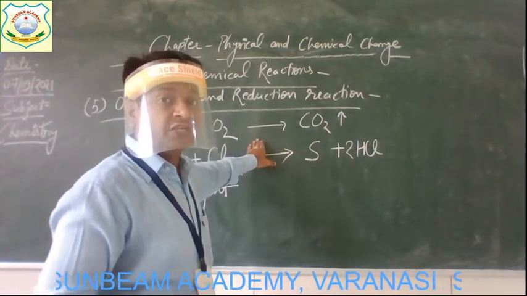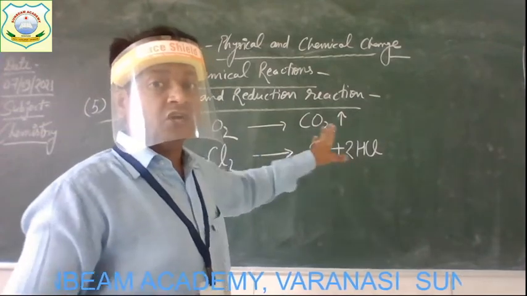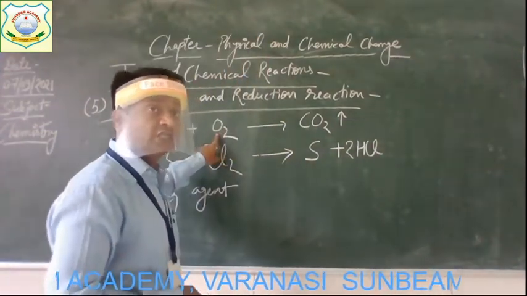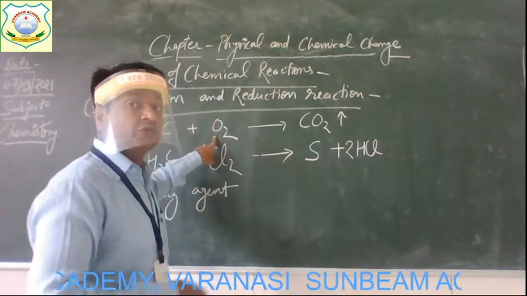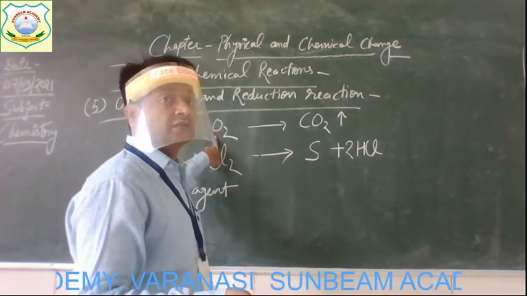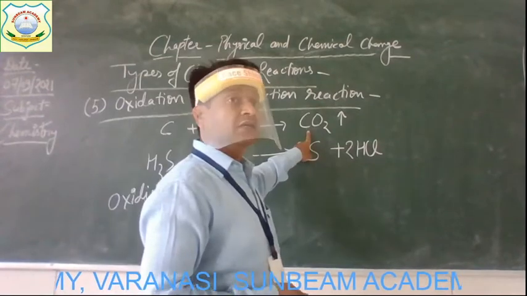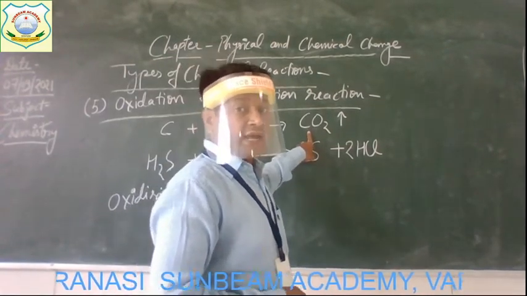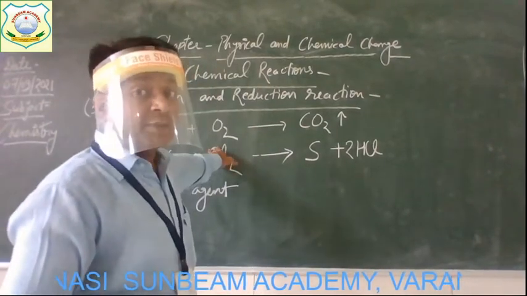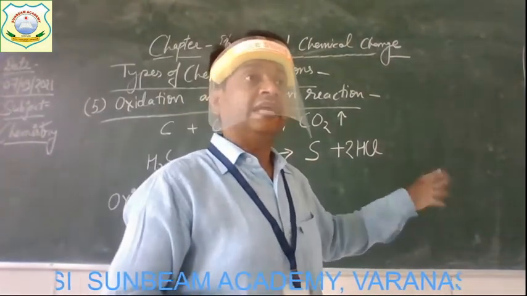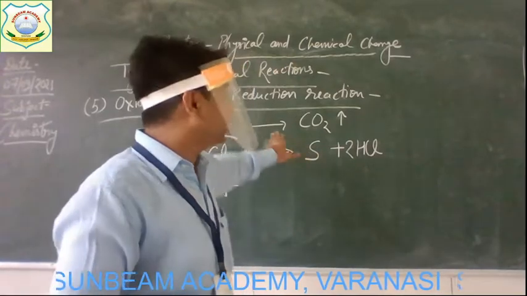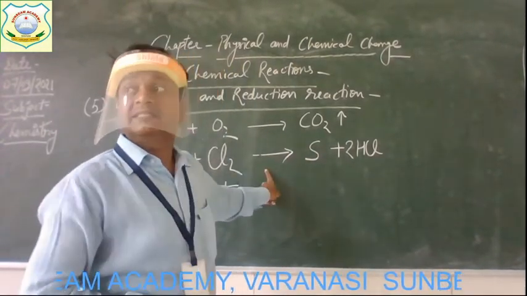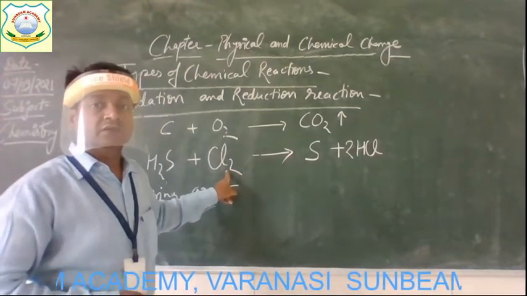In this reaction, oxygen is the oxidizing agent, because this oxygen oxidizes carbon and provides the new substance, carbon dioxide. As it supplies oxygen to carbon, oxygen is the oxidizing agent.